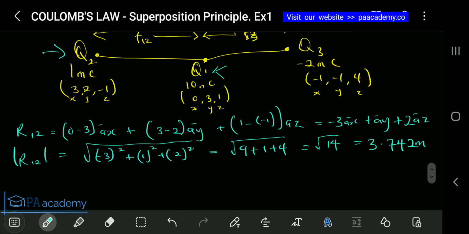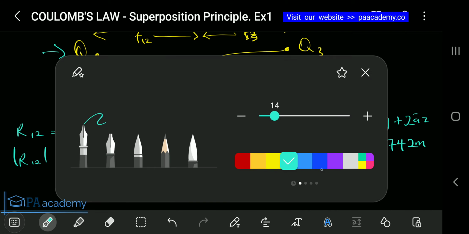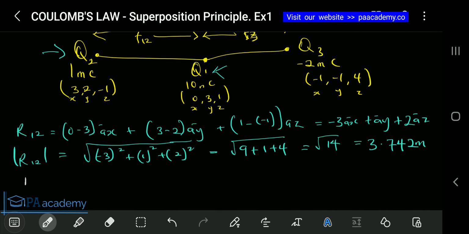So now we are also going to do it for R13. So for R13, that is going to be between Q1 and Q3. Exactly. So we are still going to be making reference to Q1 because, like I said, Q1 is the link, the one that connects both Q2 and Q3. All right. So for R13, again, the one that is common to both of them, you are going to subtract every other coordinate from it.